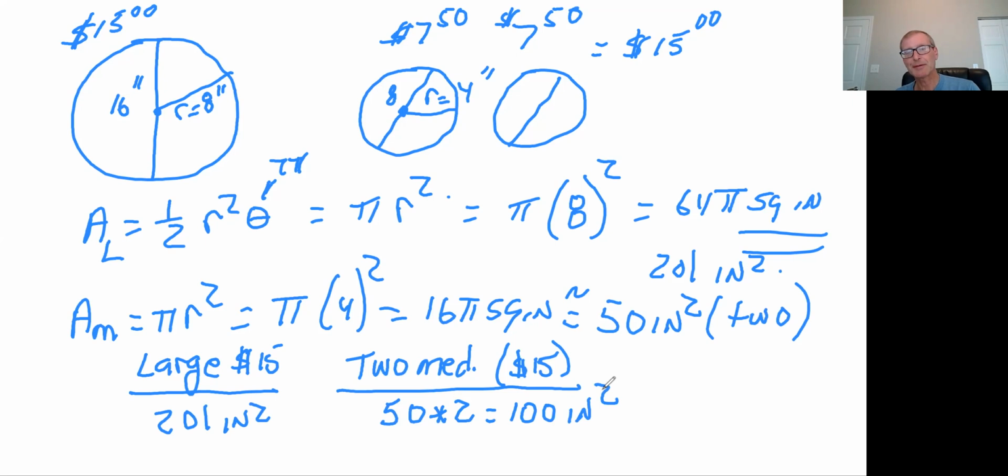So you can see that because the values are exactly the same money-wise, the large one is twice as good a deal as the small one. And that typically is the way it works: the square term here really makes the radius of the pizza quite important in the overall area. And so most of the time when you go in and buy a pizza, the large is always the better deal with regards to that.